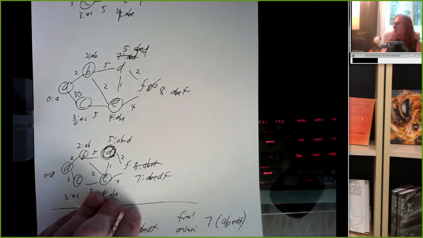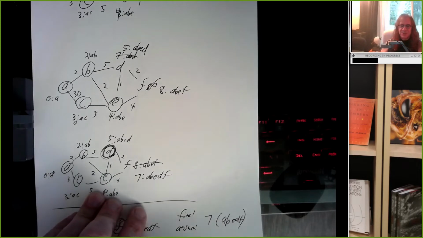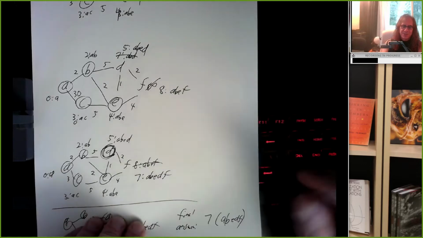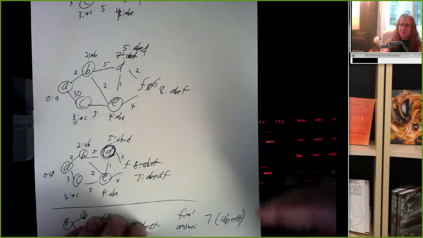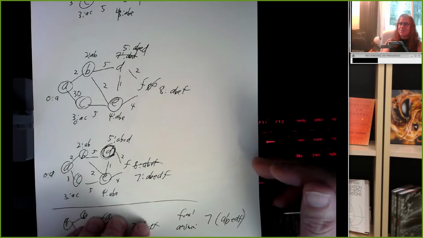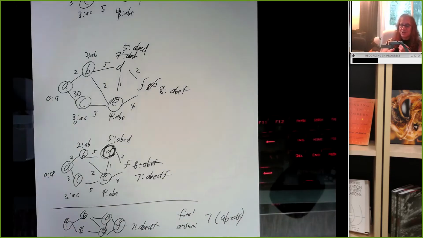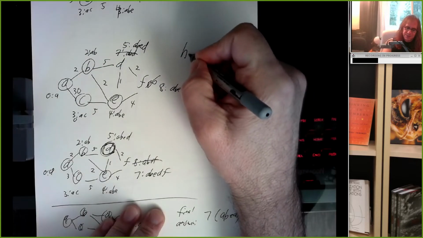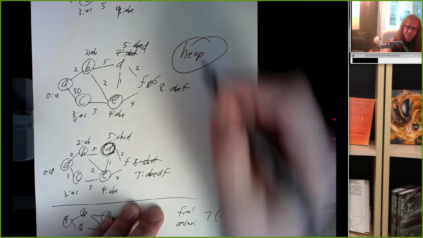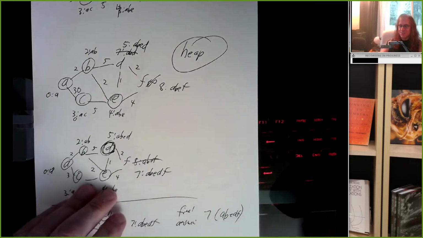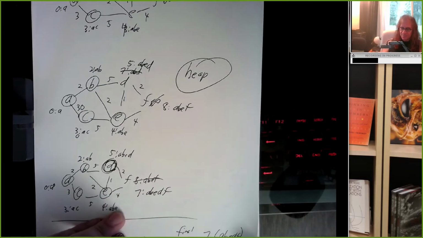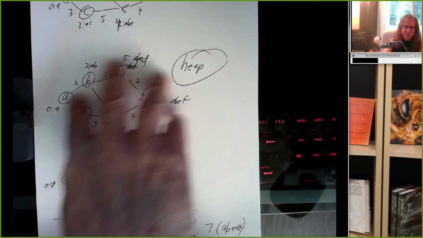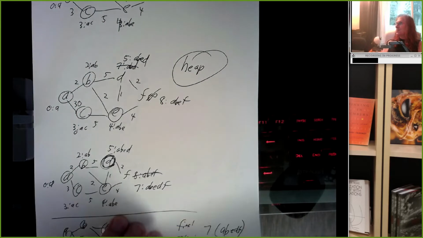And this becomes more clear when you actually write code to implement this algorithm. And you basically rank your vertices in order of their tentative distance, and you pick off the smallest one. And one way to do this is to use what's called a heap. It's a really awesome data structure we'll do in 222 in winter. And that's one of the good applications for a min heap, is to implement Dijkstra's algorithm.